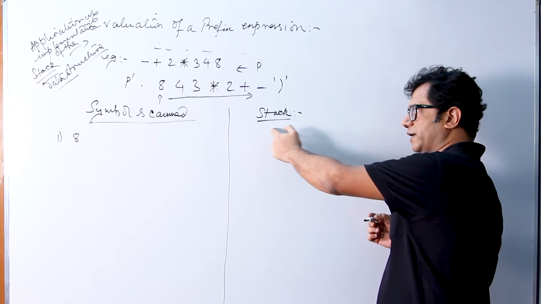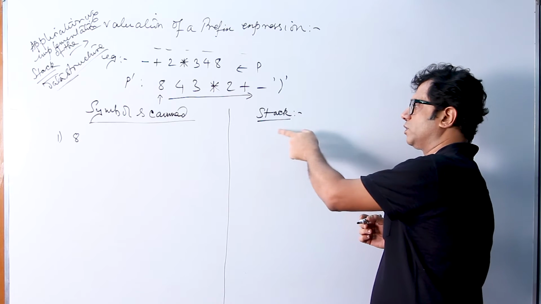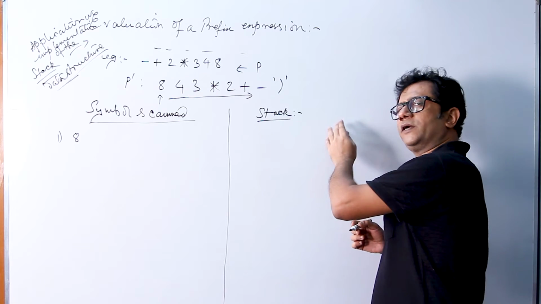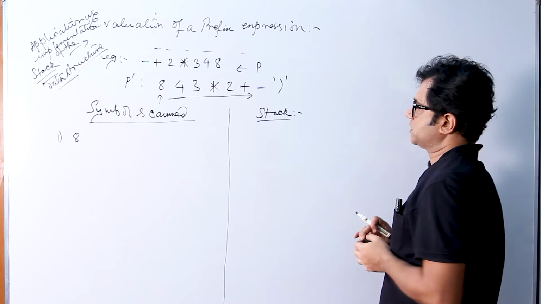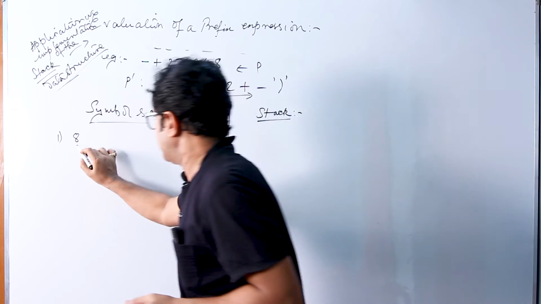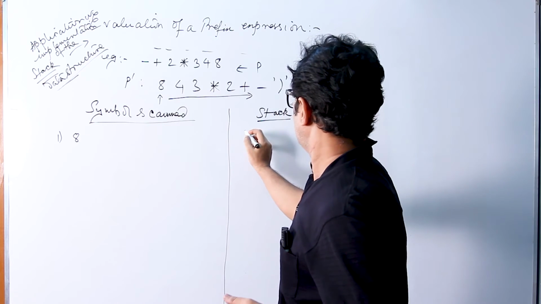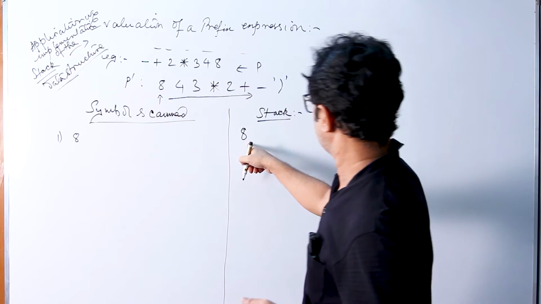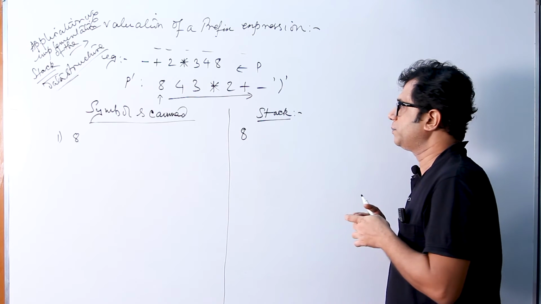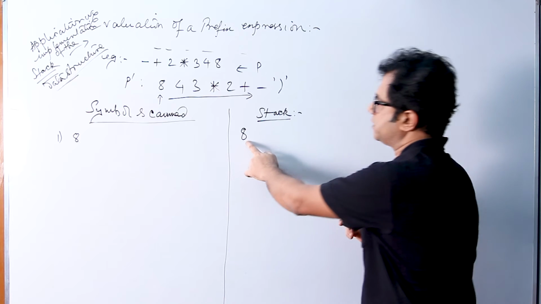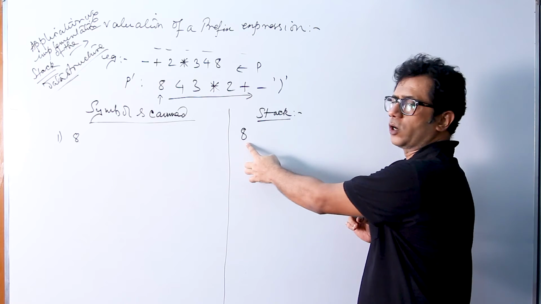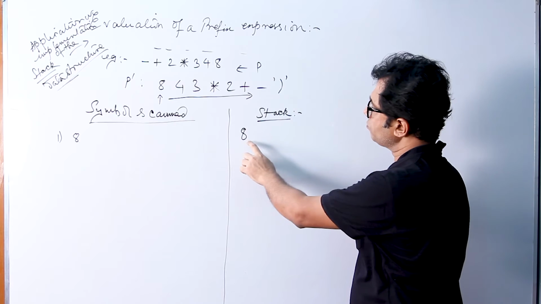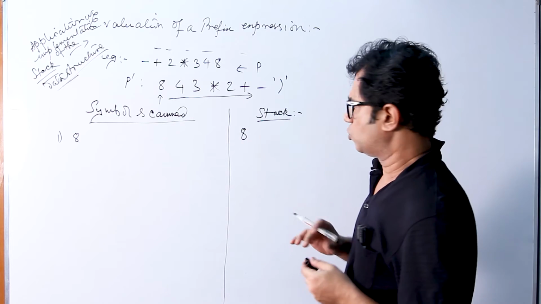We will write the stack in left to right manner, and you will consider the rightmost element to be the topmost element of the stack. So we push 8 into the stack, and now the stack has only one element, the 8, which is the topmost element.